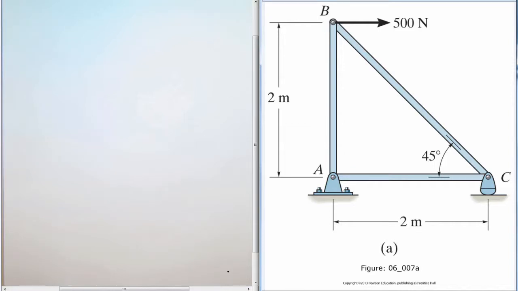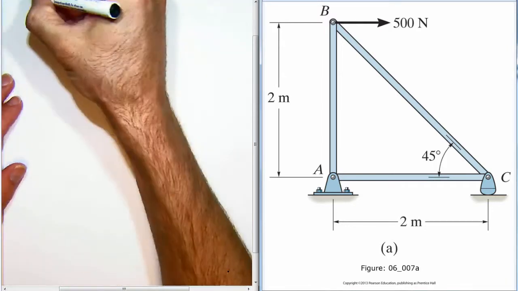So we need to pick one joint to start with. We'll start with a joint where there's at least one known force and no more than two unknowns. So for those reasons, we'll start with joint B.